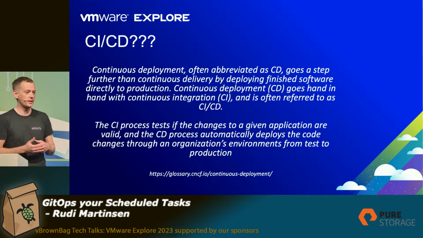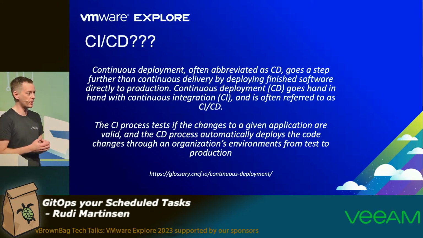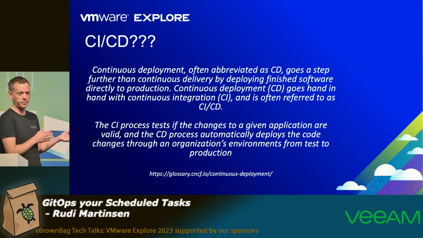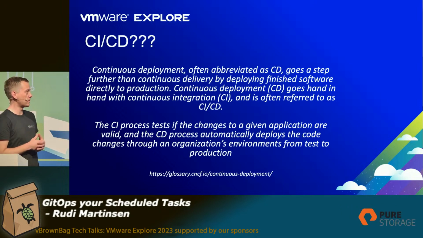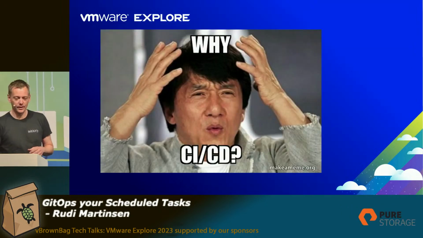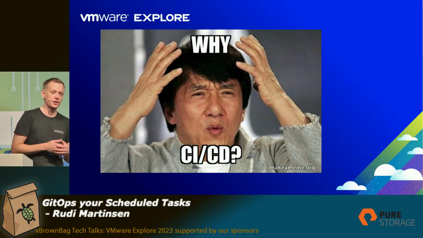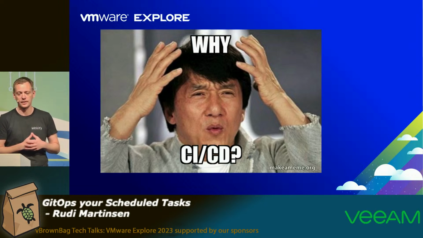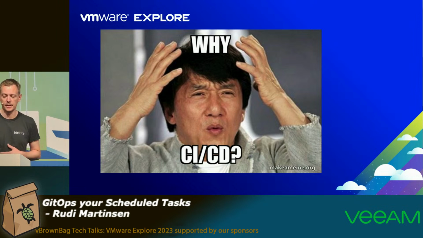CI and CD. Those are some buzzwords you probably have heard. So we're going to see a couple of examples of it. And hopefully it makes sense then. Because I imagine as a VI admin, you might think, why should I care about this CI/CD thing? What value can it bring me?